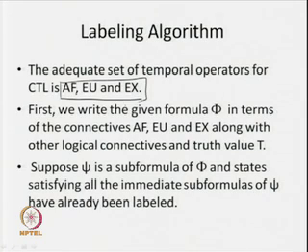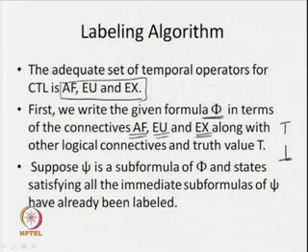So, when we are given a particular formula phi, first of all what are we going to do? We are going to express this formula in terms of the connectives AF, EU and EX, along with the logical connectives and the truth values. We have 2 truth values: one is true, which is represented by top, and another is false, which is represented by bottom.